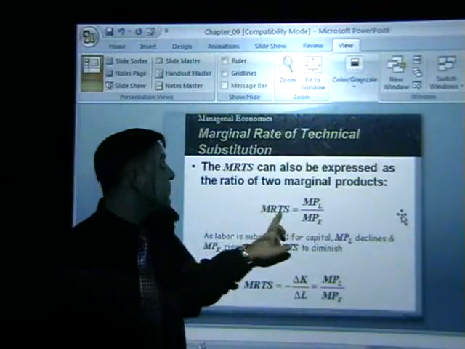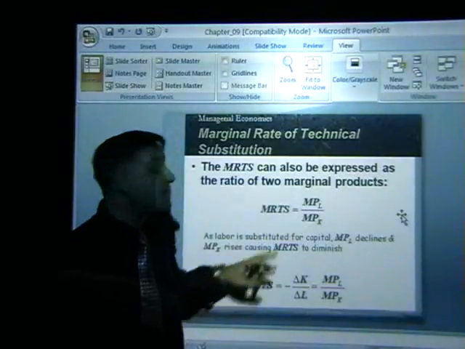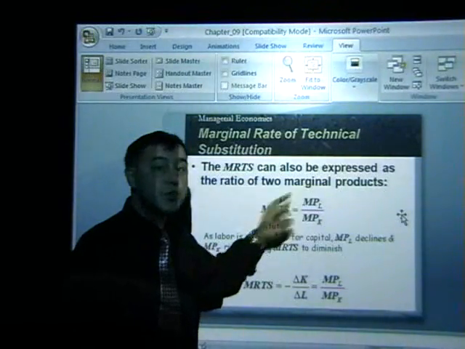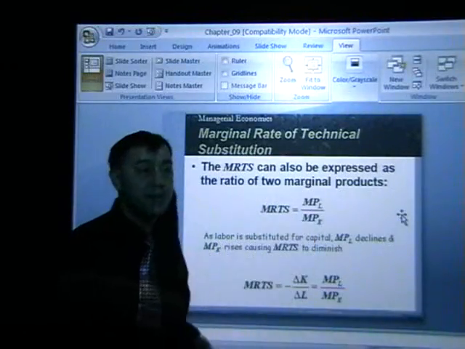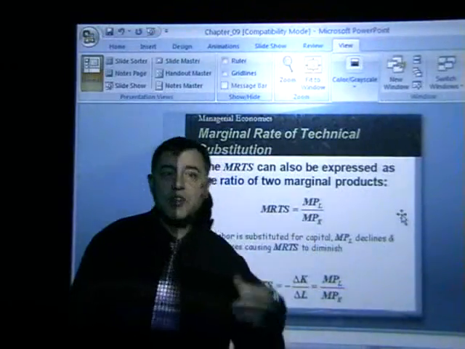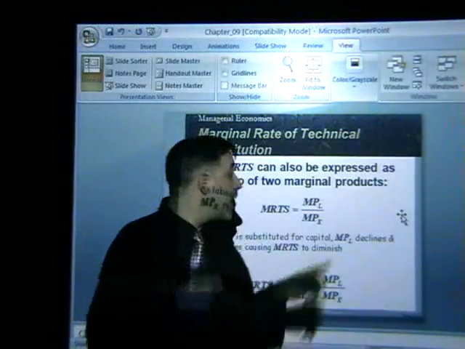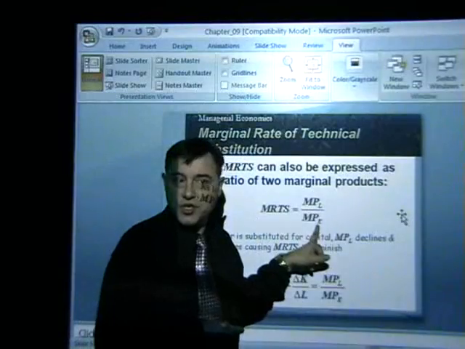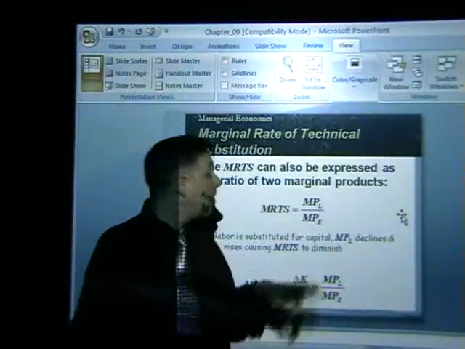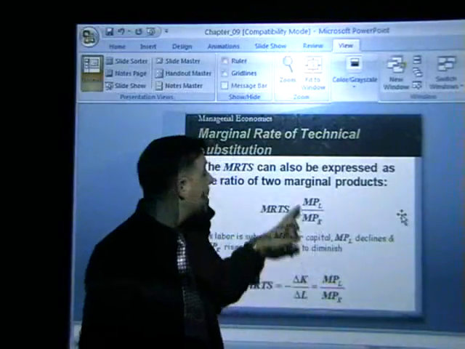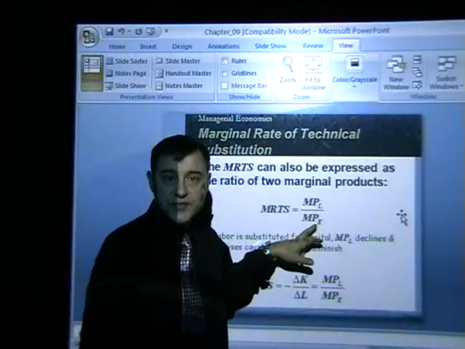So, the marginal rate of technical substitution will also be represented by the marginal product of labor divided by the marginal product of capital. So, if one worker is producing 10 more units, and one extra machine is producing 5 more units, the marginal product of labor is 10, the marginal product of capital is 5.